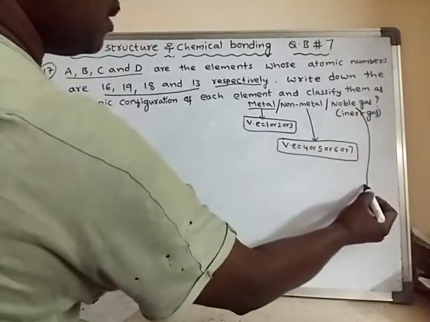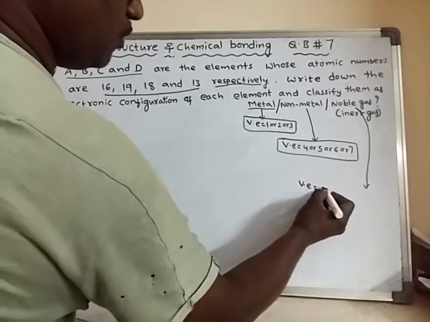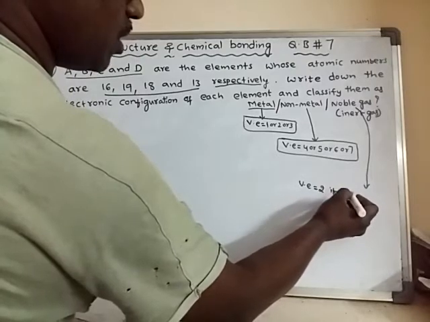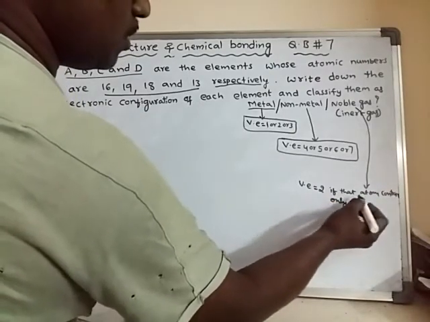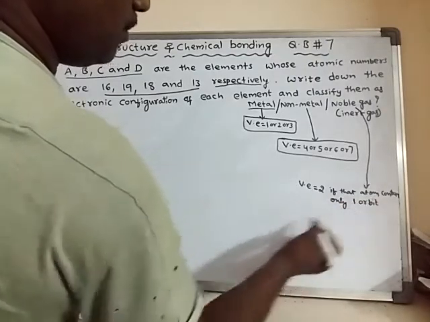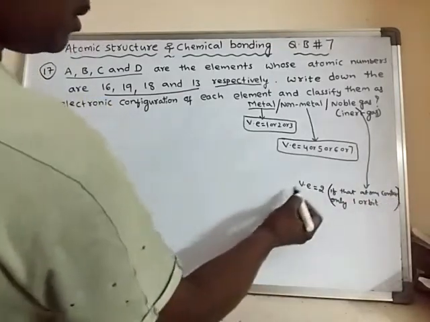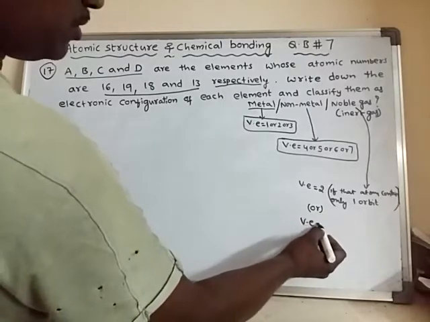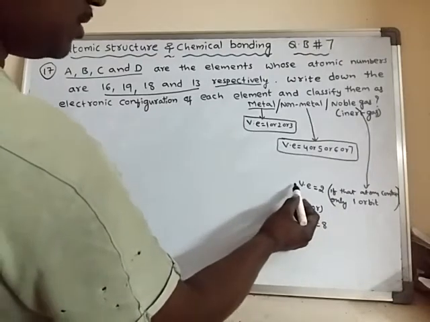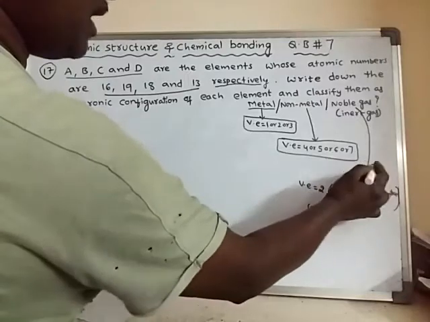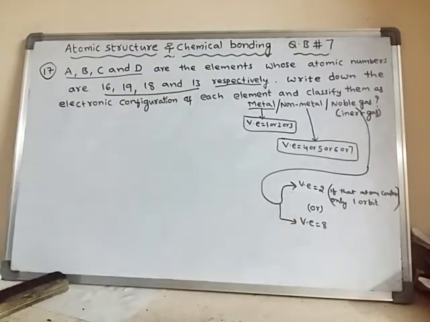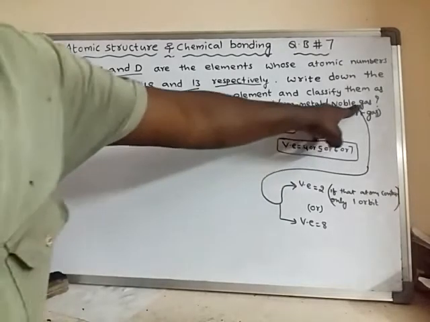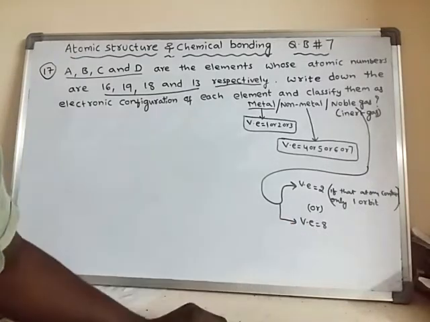And for noble gases, the valence electrons equal 2 if that atom contains only one orbit, or the valence electrons equal 8. So for an atom to be an inert gas there are two conditions: either the valence electrons are 2 and the atom contains only one orbit, or there are 8 electrons in its valence shell.